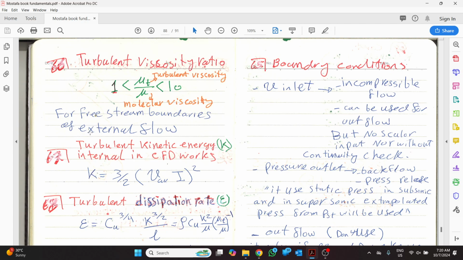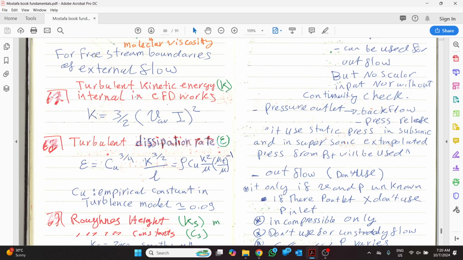Okay, this we need to consider in free stream boundaries of external flow. So this condition needs to be valid. If it is not valid, your CFD work is incorrect. Okay. Just a check figure for you. Okay, the turbulence viscosity ratio.